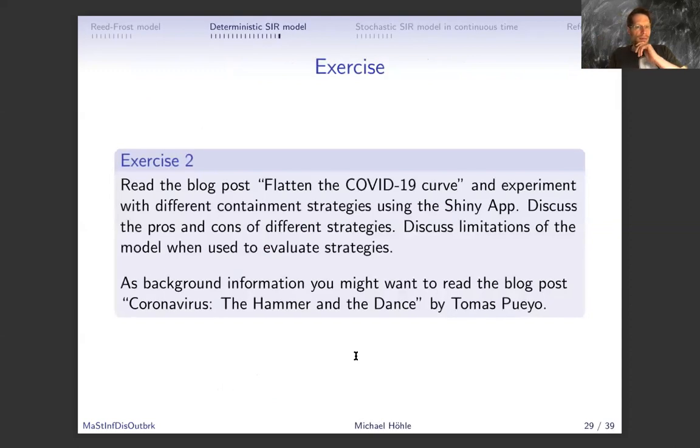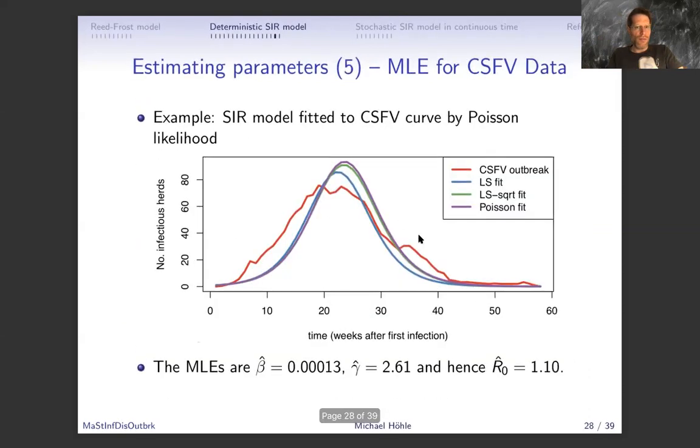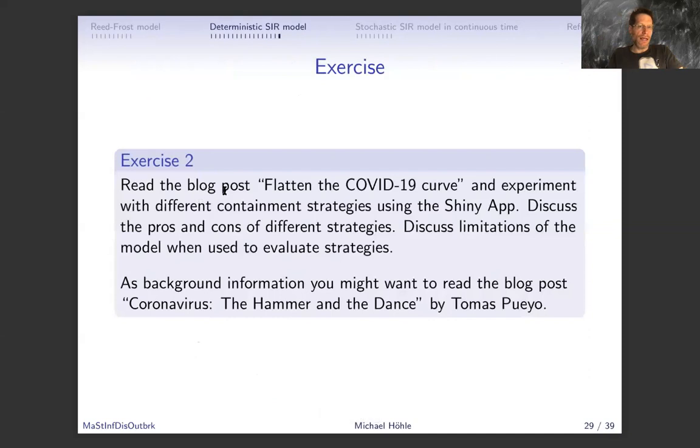So I'm also, and this is related to this part here, why isn't it fitting very well? I gave you a small exercise as well to study the flatten the COVID curve blog post. So you can just click on the link in the forms if you want to, and try to experiment a bit with different intervention strategies. And you should, if you want to, but that's voluntary.